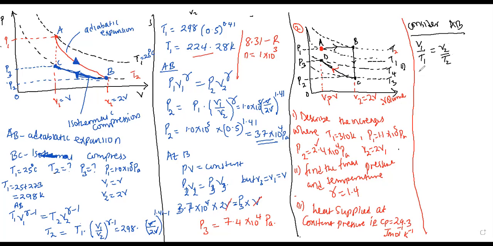So volume 1 was V, temperature T1 was 310, is equal to V over temperature T2, which we don't know. T2 is equal to 620.